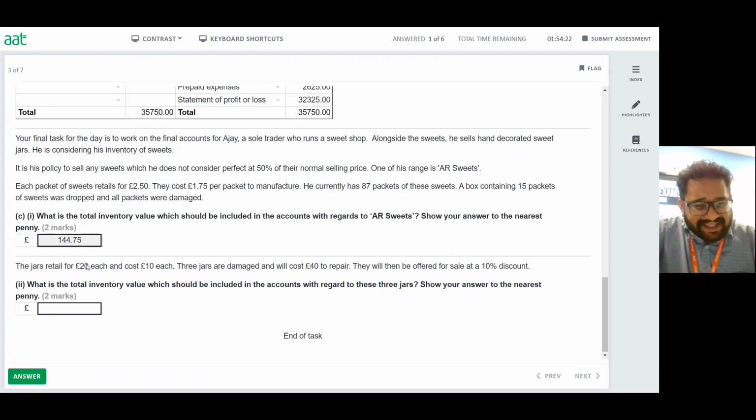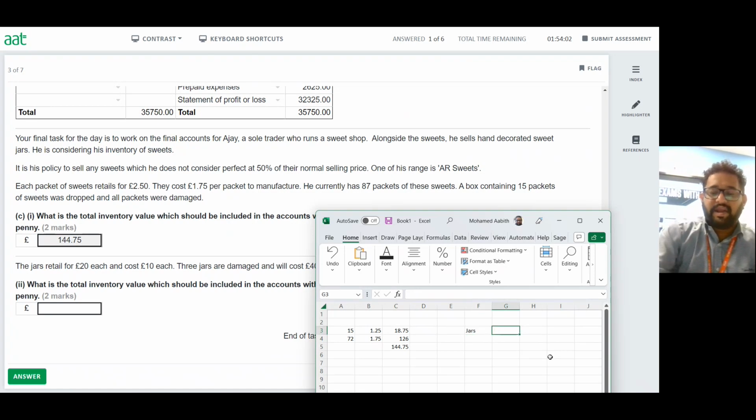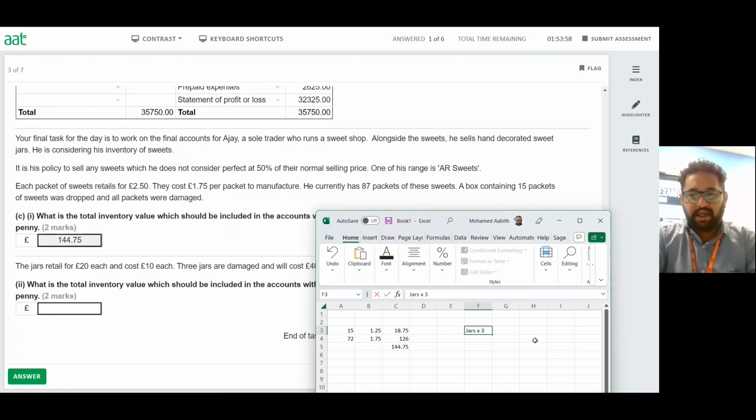I'm still going to be selling them at £20 less the 10% discount. So what is the price? I'm going to look at the 3 jars. So here I'm going to say jars, 3 jars, so jars x3, selling price.